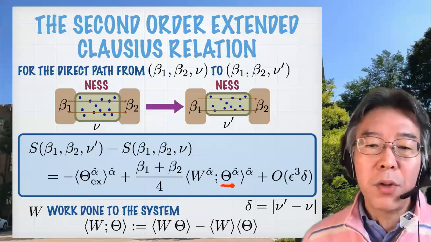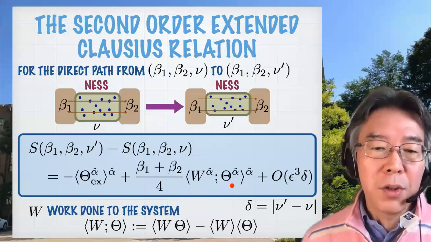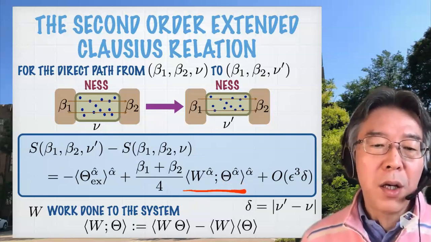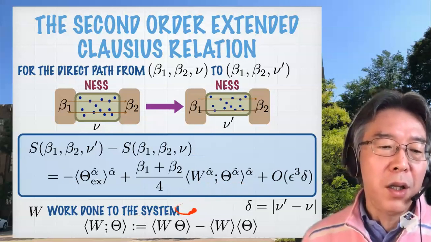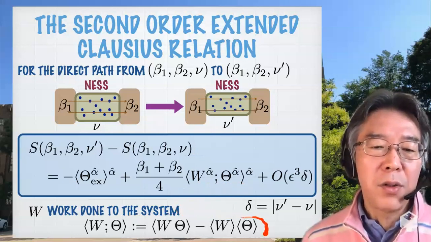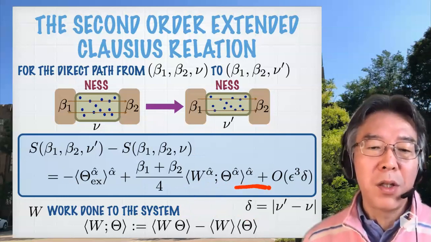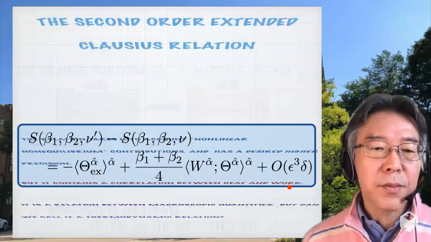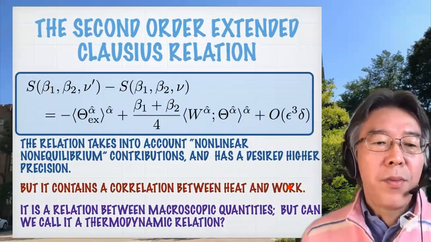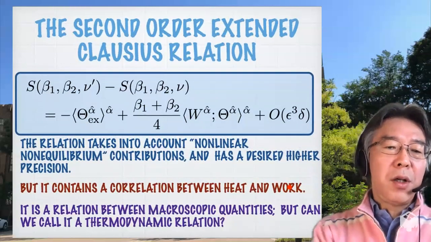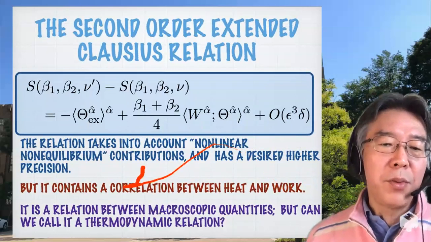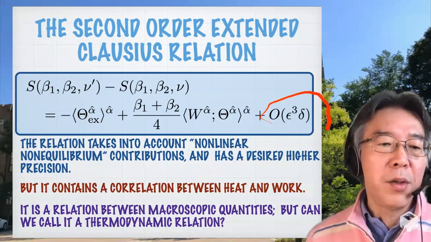And theta is, of course, the total entropy production in the bath. And here, this W semicolon theta denotes the truncated correlation. Okay, but anyway, this contains a correlation function, but this has a higher precision. So this relation takes into account the nonlinear non-equilibrium contribution and has the desired higher precision.